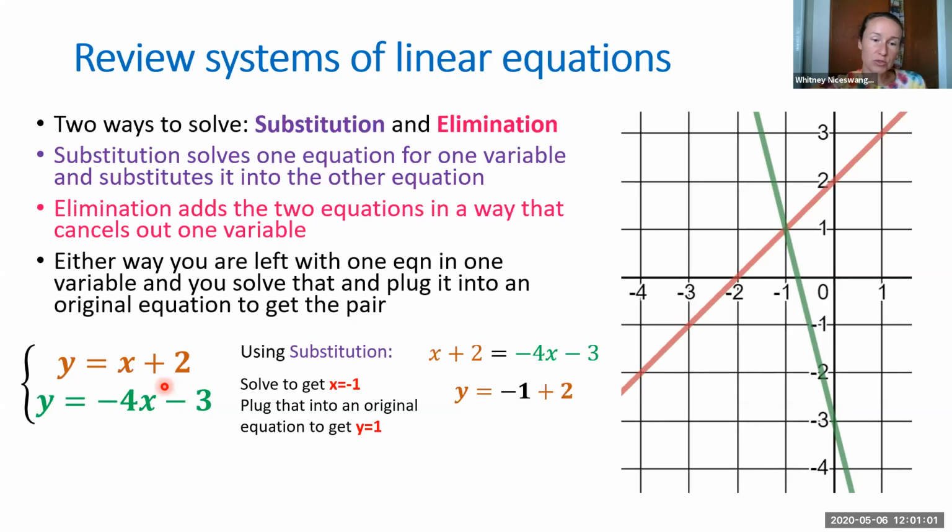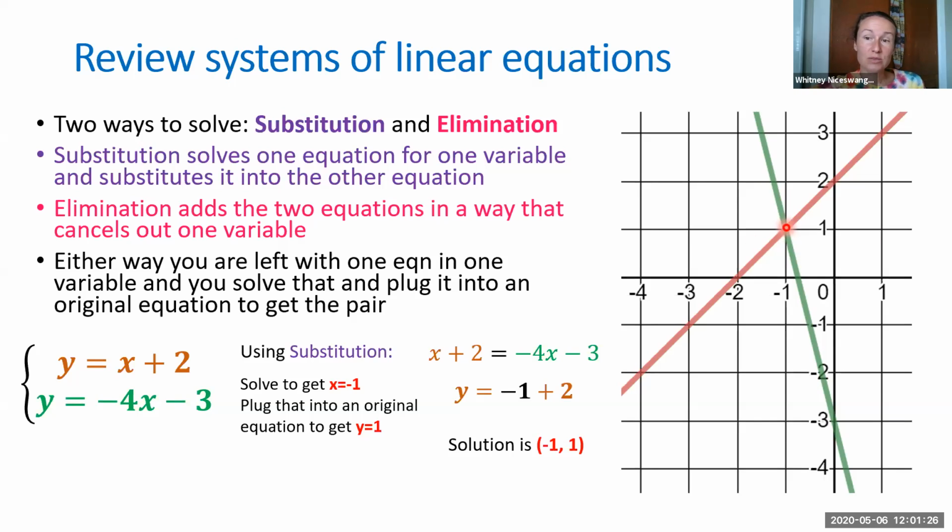I plugged it into this first one because this is the easier equation. So I plugged x is equal to -1 into that first equation and solved that for y, and I got that y equals 1. So that means that when x is -1, y is 1, that solves both of these equations. When you look at the graph, you see x is -1, y is 1.